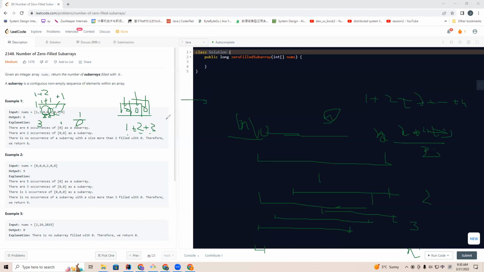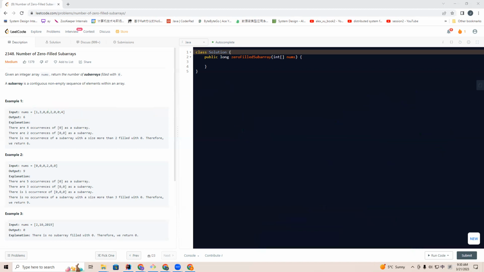We just have 2 pointers trying to iterate and count how many consecutive zeros. We iterate these numbers from left to right. If we meet a 0 with the right pointer, that means on the left we try to see whether it is a non-zero number.